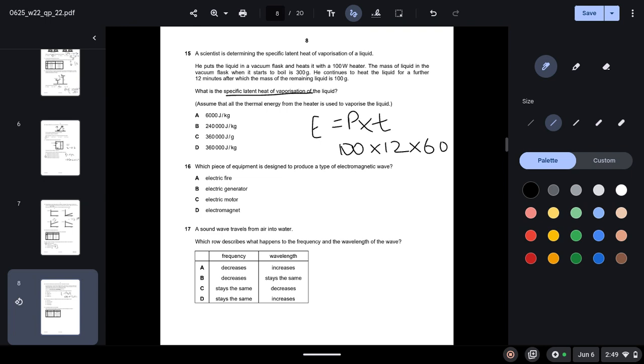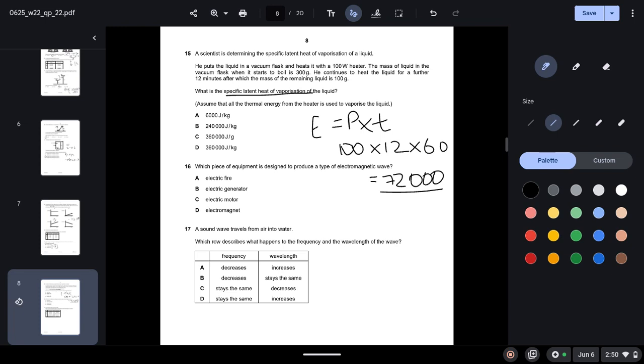We'll have to convert it into seconds first. So the energy we find out is 72,000. So in order to boil 200 grams of liquid, we need 72,000 joules of energy.